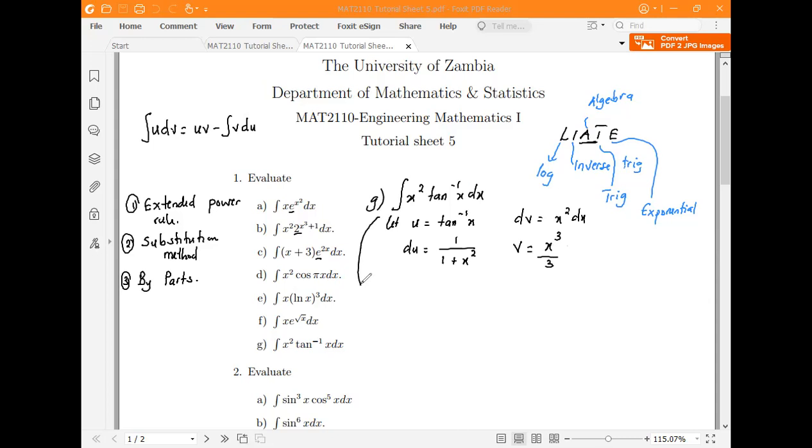Then put those together. So we have uv, that will be x to the power 3 tan inverse of x over 3 minus the integral of x to the power 3 over 1 plus x², times 1 over 3, dx.